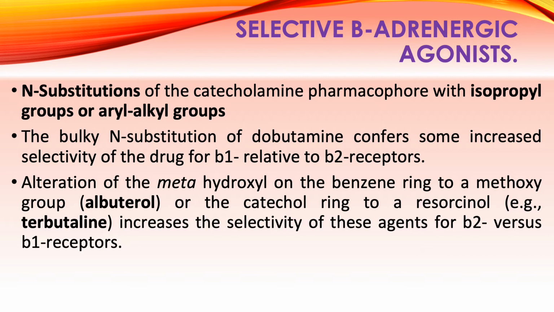In contrast with dobutamine, our albuterol and terbutaline have a better selectivity with our beta 2 compared with our beta 1 receptor. This time, I want you to look in the drug literature and check the structures of albuterol and terbutaline, and kindly identify the difference in their substitution that confers their beta-2 agonism and its difference from dobutamine, which is a beta-1 agonist.